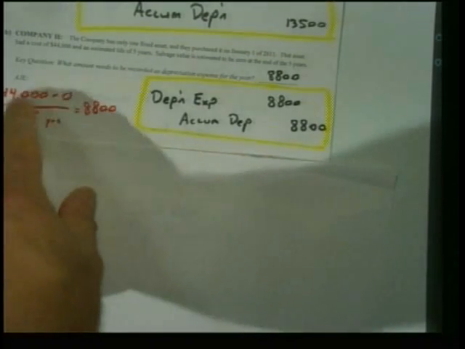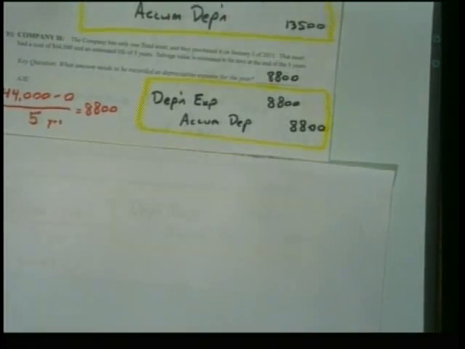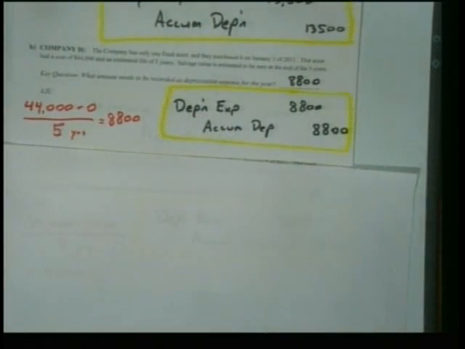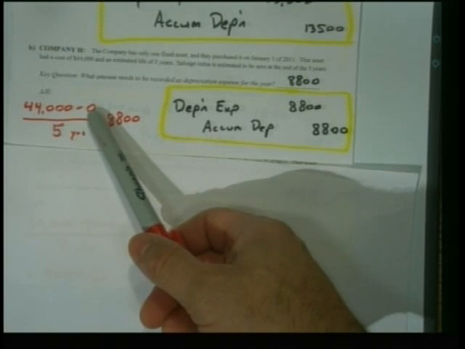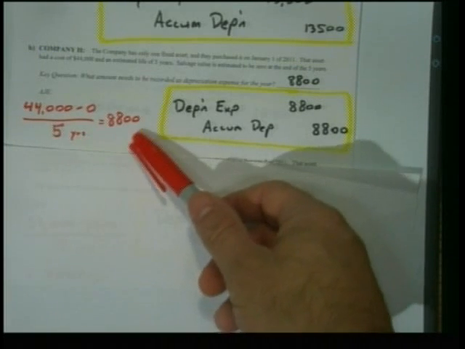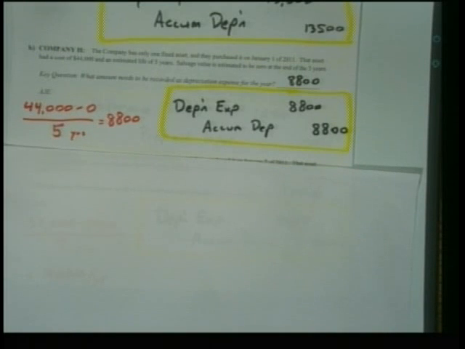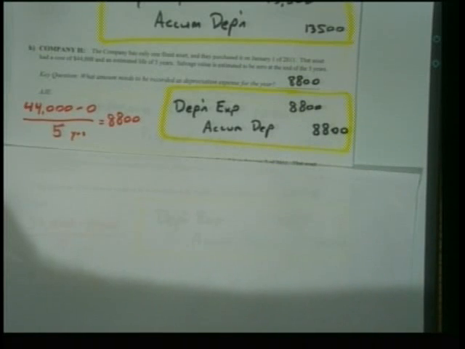So we figure out how much depreciation by taking the cost minus the residual or salvage value of 0 divided by the estimated life of 5 years. That's $8,800 per year, right? And I told you at the top of here that they only do AJEs annually, right? So our journal entry is this right here. Cool?